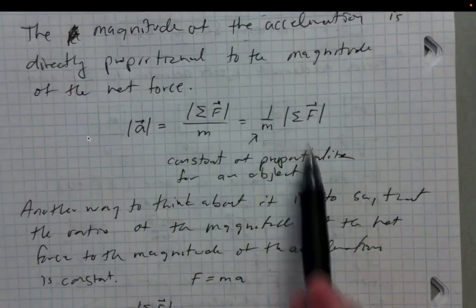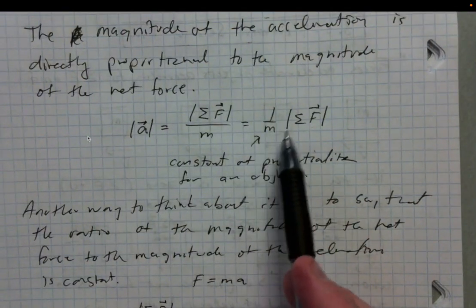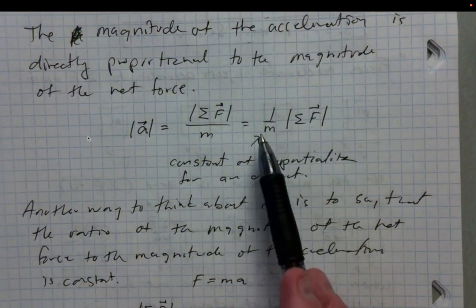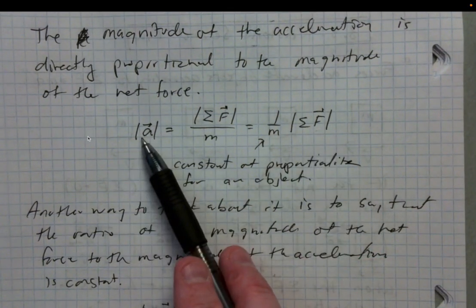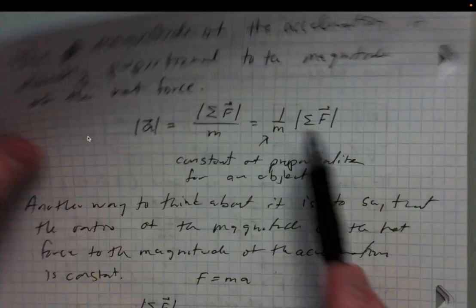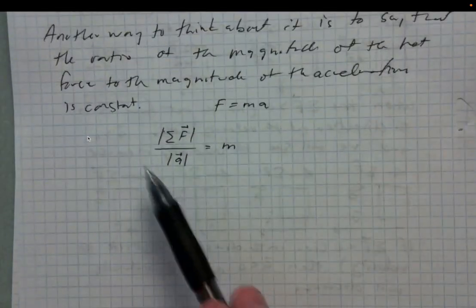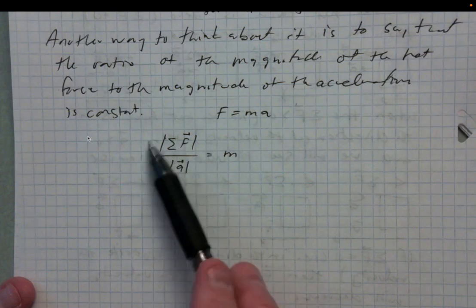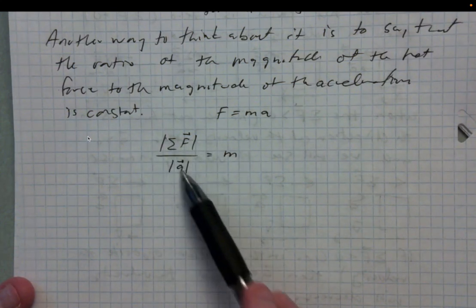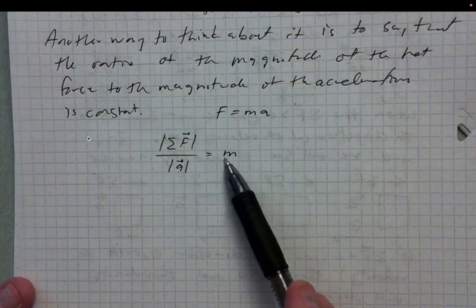Acceleration is 1 over m times the net force, so the larger the body, the more force it requires to accelerate it. And this characterization shows that the ratio of the magnitude of the net force to the magnitude of the acceleration is equal to this constant, which is m.